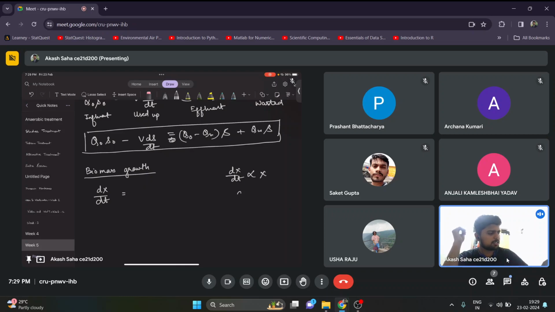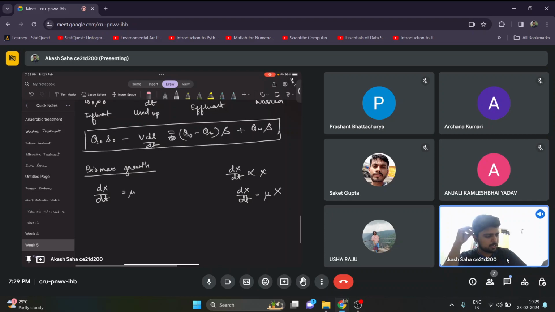In first order terms, there will be a constant of proportionality, so that will be mu x. So I will write dx by dt is equal to mu x. Mu is my growth rate proportionality constant, and some part will be getting decayed also. There will be a decay constant also, so it will be minus kd. Kd is my decay constant.